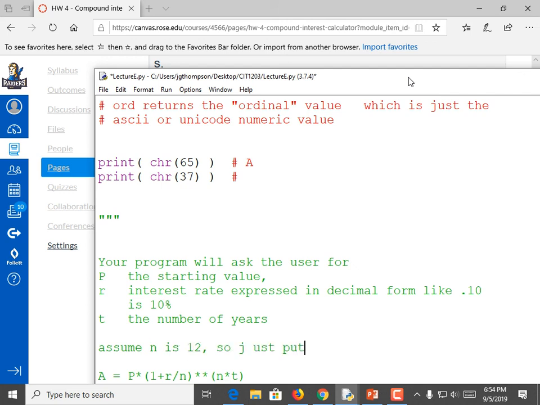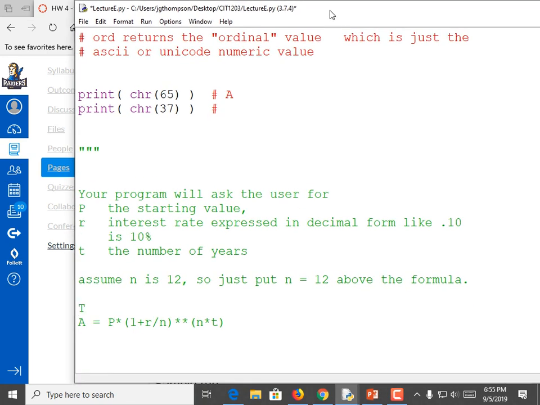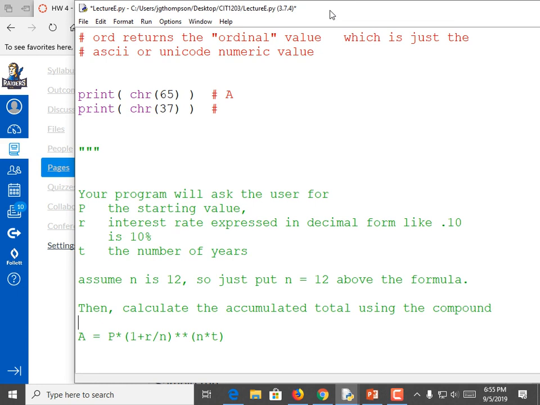So just put N equals 12 above the formula. Then calculate the accumulated total using the interest formula, compound interest formula. A is the total.